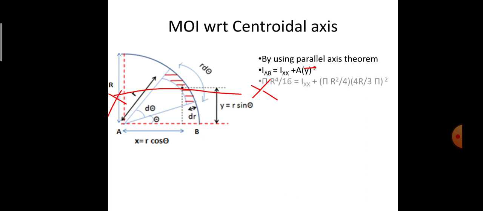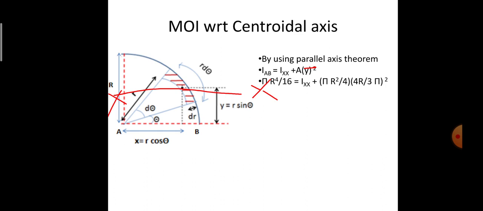So by referring to the previous slide, I got the IAB value as pi r power 4 by 16. So IXX I need to determine, and the area of the quarter circle will be considered to be pi r square by 4.